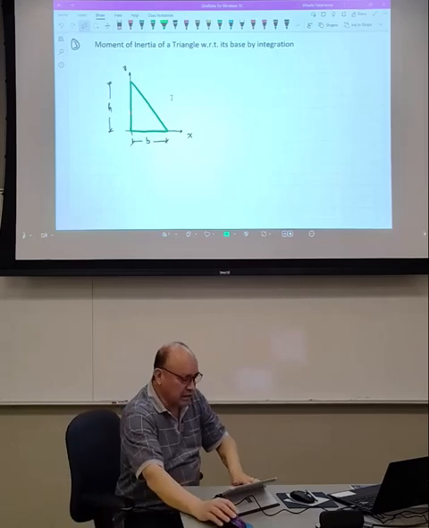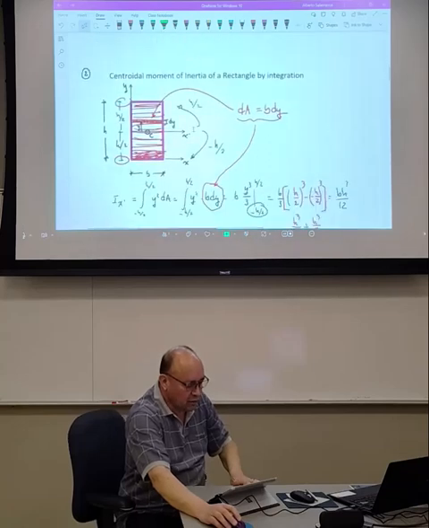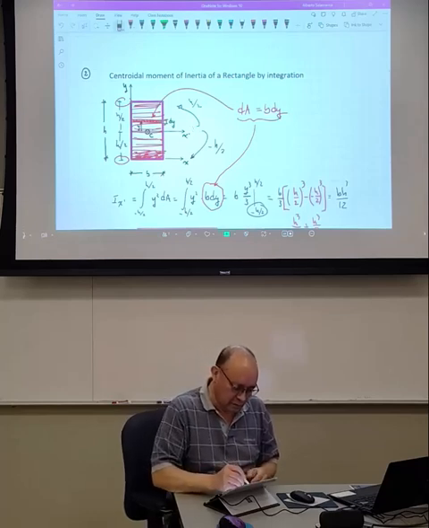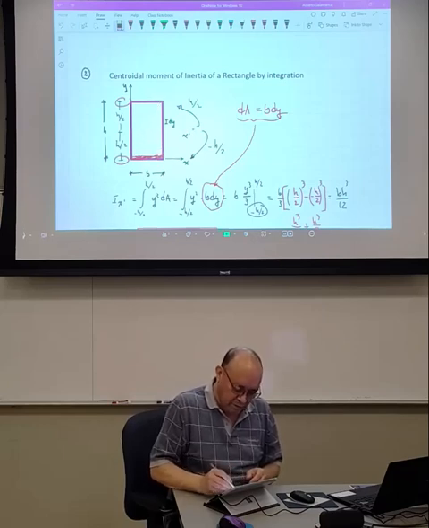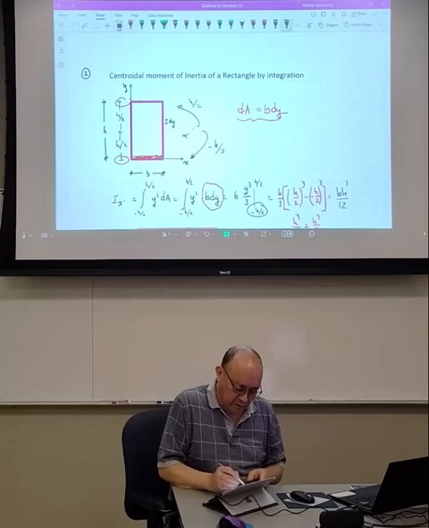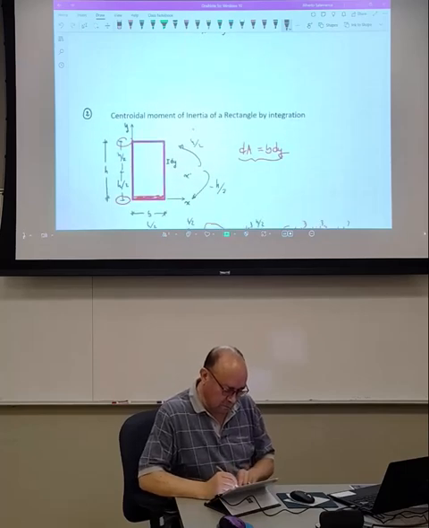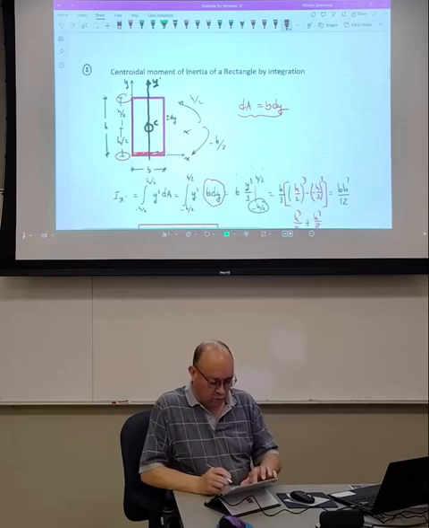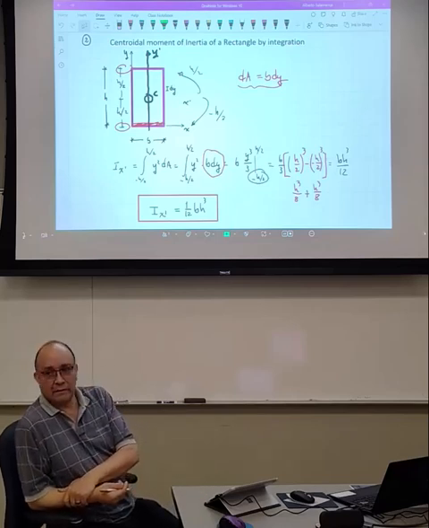Oh, before that, can you imagine what happens if somebody asks you the moment of inertia of this rectangle with respect to this other axis? Would you be able to calculate it?